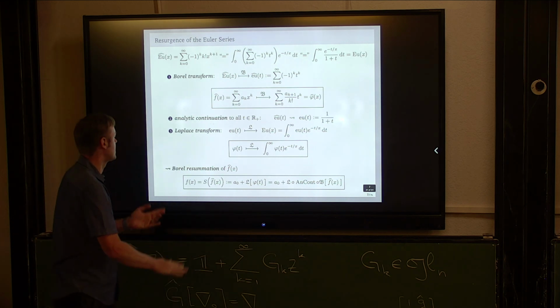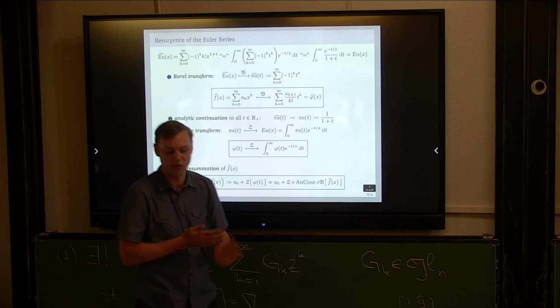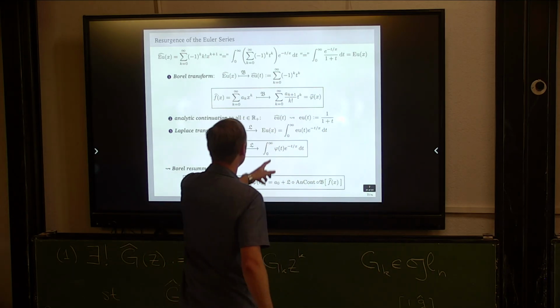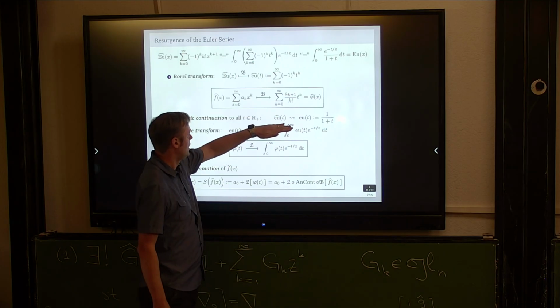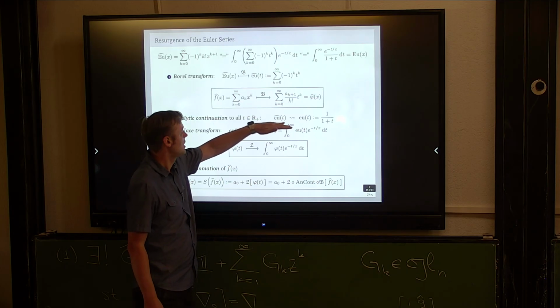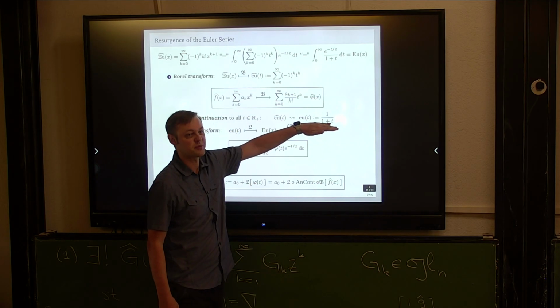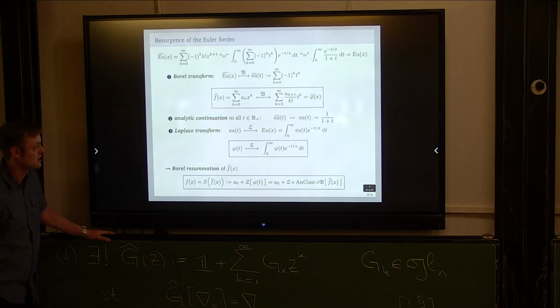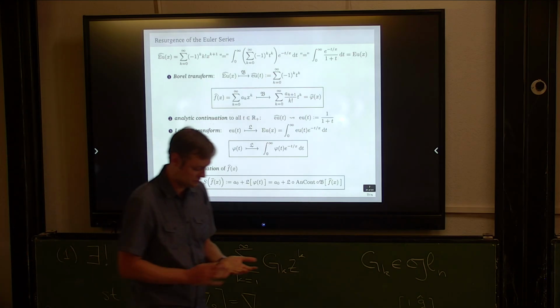If you manage to do that, then taking the Laplace transform is usually also not so difficult. So the fact that in this example our Borel transformed power series had this very simple expression for its analytic continuation was a pure lucky accident, which is why I chose this example.